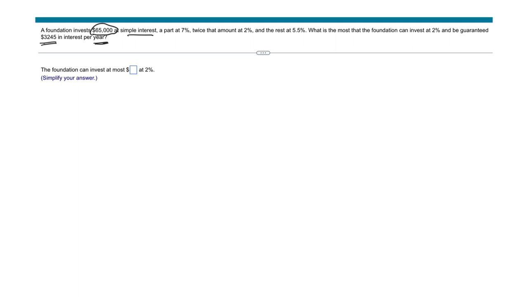So part of it gets invested at 7%, twice that amount gets invested at 2%, and the rest is at 5.5%. So there's a 7% one, and a 2% one, and a 5.5% one. And altogether, when they add up all those investments, it comes out to $32.45.